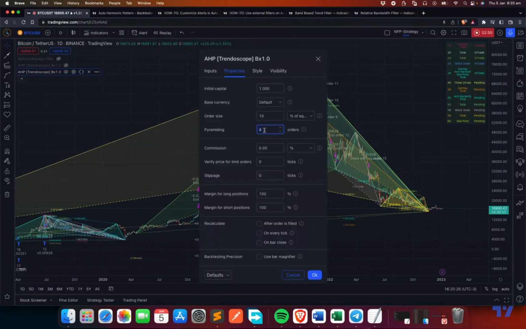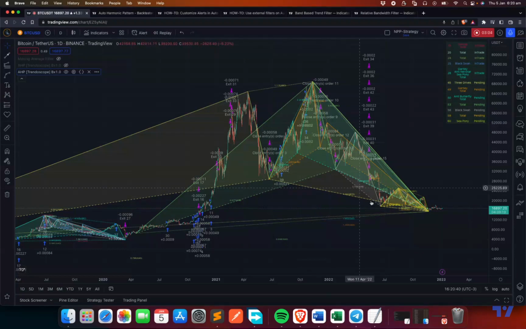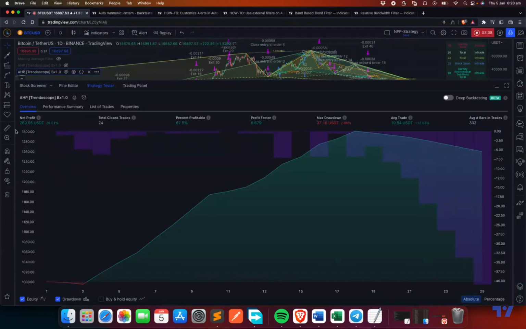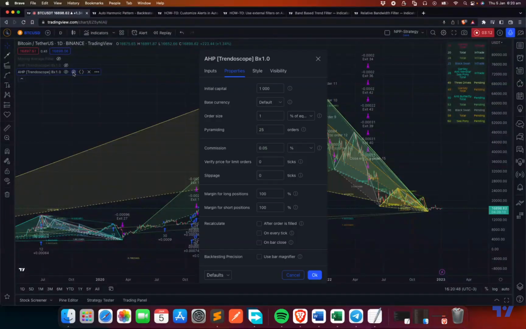If you want a trade to be generated for each pattern, one thing you can do is reduce the order size to 1% and make this 25. This way you'll get orders for all the patterns, but your backtesting will also change based on that. So those are the 2 points I wanted to talk about before proceeding with the settings.